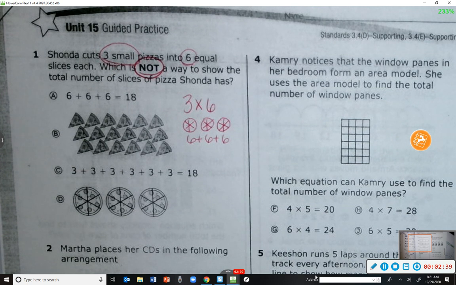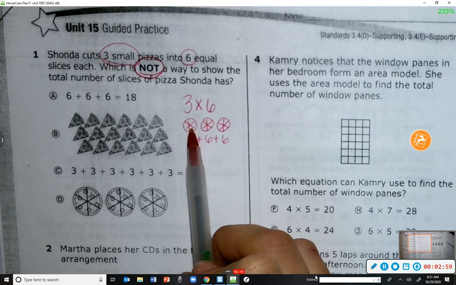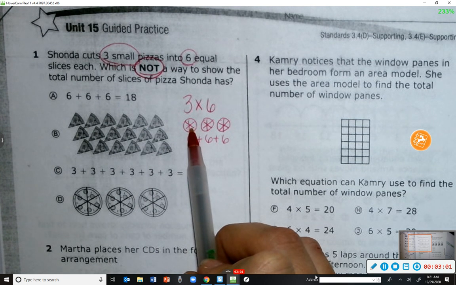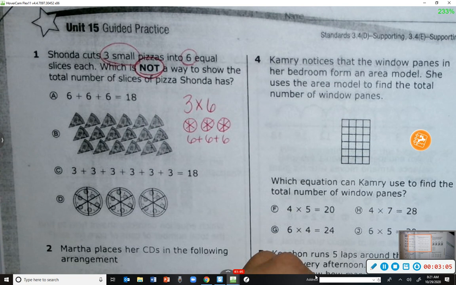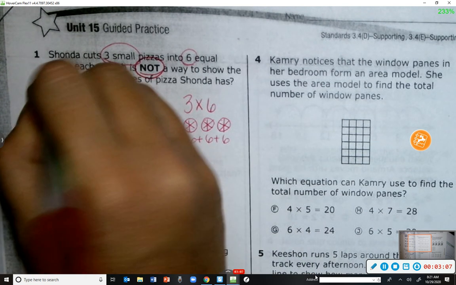Because you want to get this answer. Kelsey? Because you want to try to figure out the product for the multiplication problem. So we're trying to figure out the total number of slices. And so if I see 6 slices, I'm going to add up 6 3 times. Is that what A shows? Yes. So far that looks good.